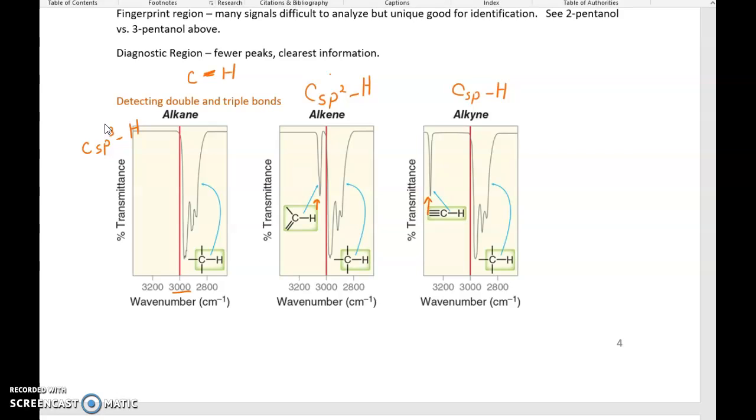This is because an sp holds the hydrogen more tightly. We've talked about how an sp hybridization has more s character to it, and so it holds onto it more tightly, and it causes it to need more energy to vibrate.